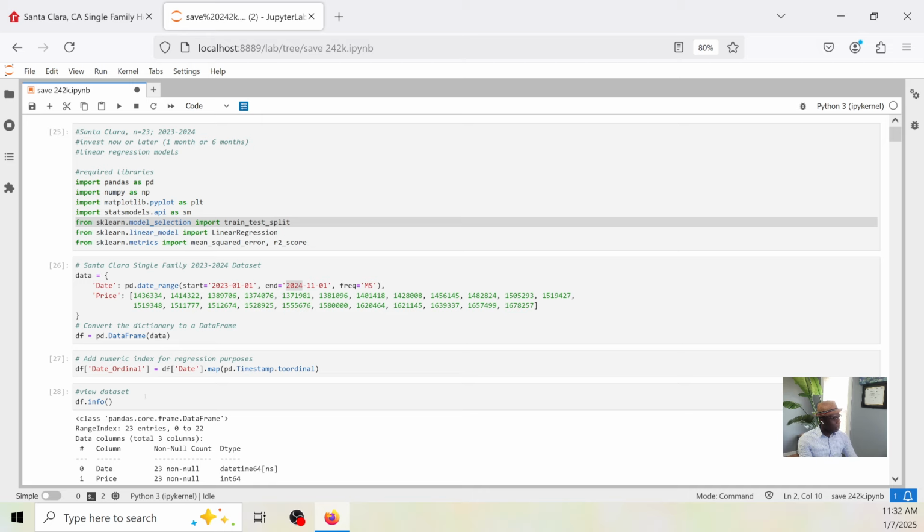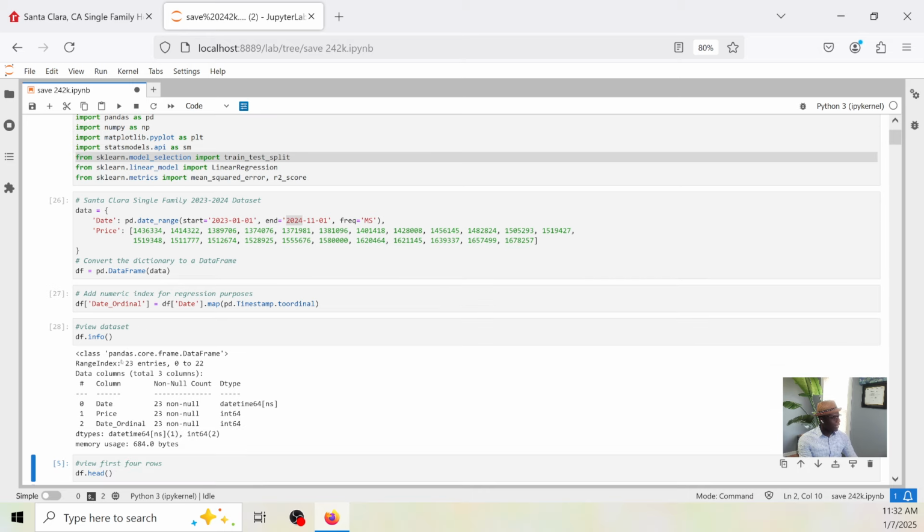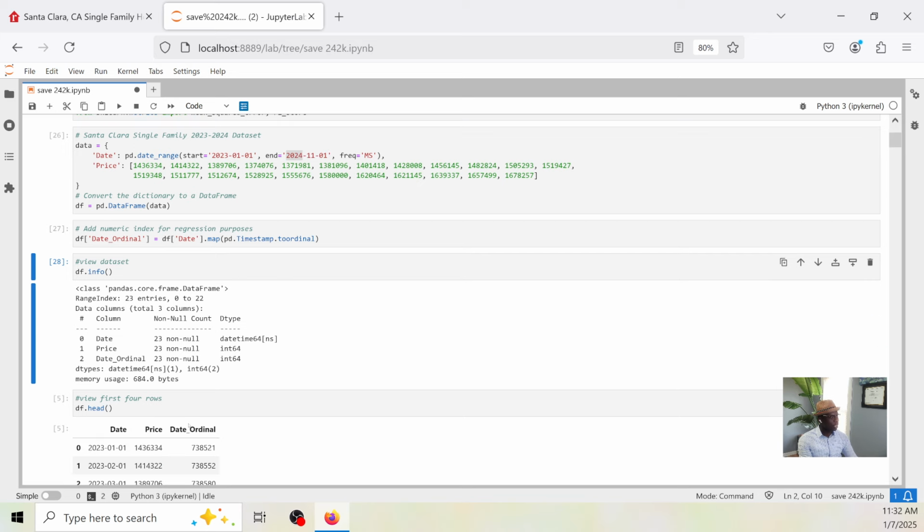Now I want to view my data set, view my info, and as we can see, the 2 features, date and price, we have 23 values for each. I've loaded that in the cloud. So now I'm just going to take a look next at my first 4 rows and my last 4 rows just as a sanity check.